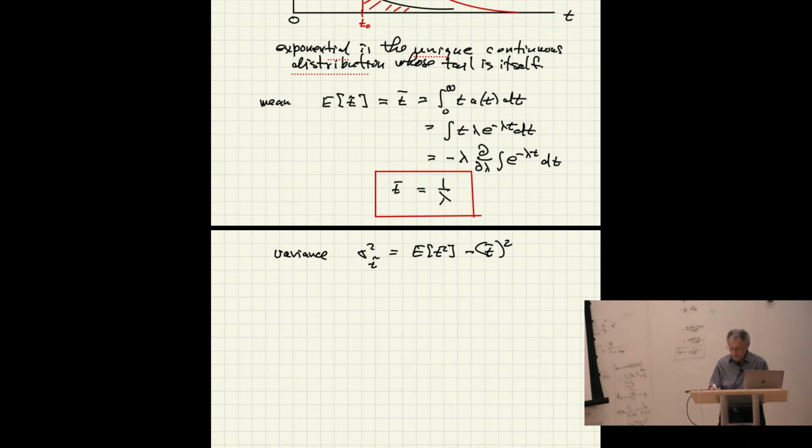You're going to find that this quantity, if you do a calculation just like above, you get 2 over lambda squared. This is 1 over lambda squared. And so the variance of the exponential is 1 over lambda squared. Let's circle that, and we'll be done in just a moment.